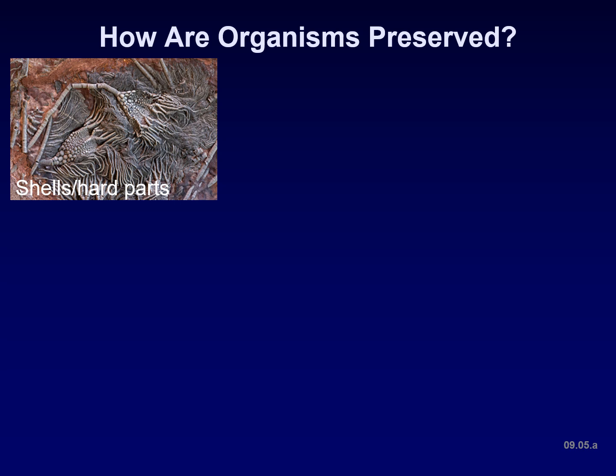So the first thing is if there's any kind of shells or hard parts on a fossil, oftentimes that can be preserved. We barely ever get soft tissues preserved. But if we have shells or hard parts, those can be preserved directly in the rock record.